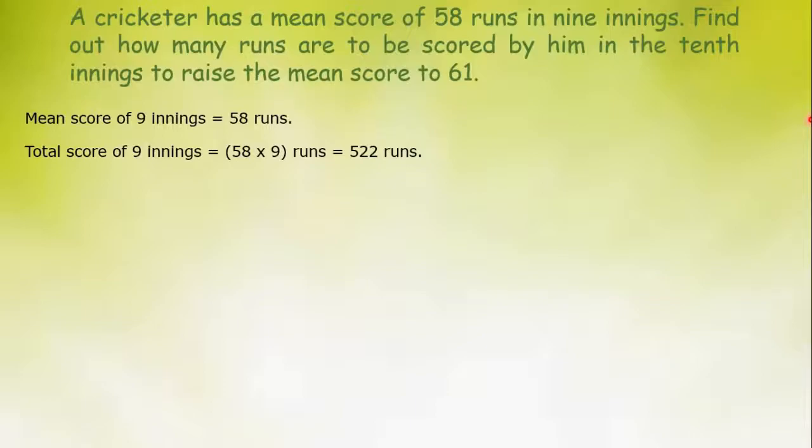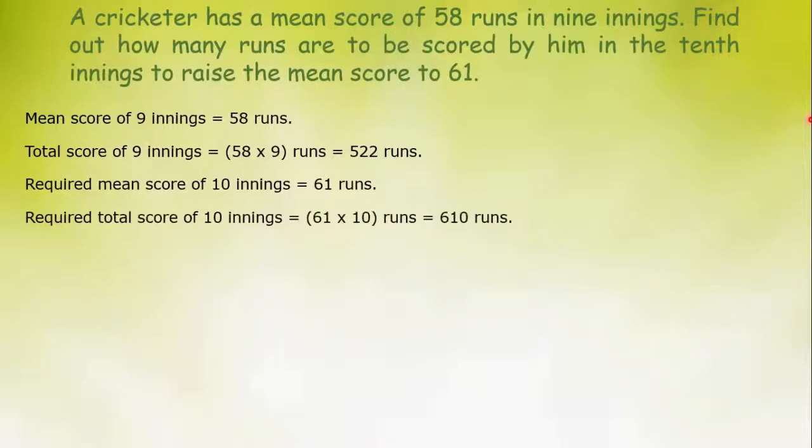Then what is given? The required mean score of 10 innings is given as 61 runs. Or after 10 innings, the cricketer wants the mean of his 10 innings as 61 runs. If the mean score is 61, then we can find total score of 10 innings. Correct?